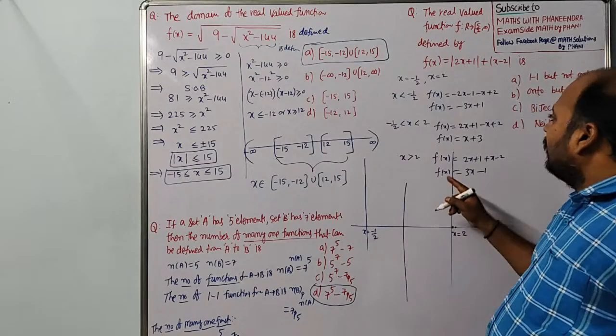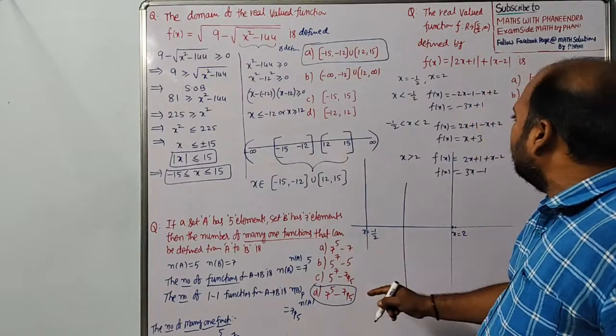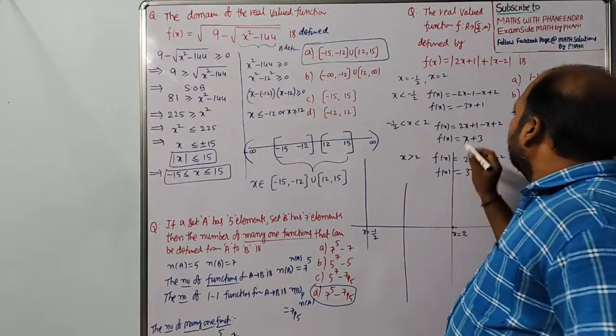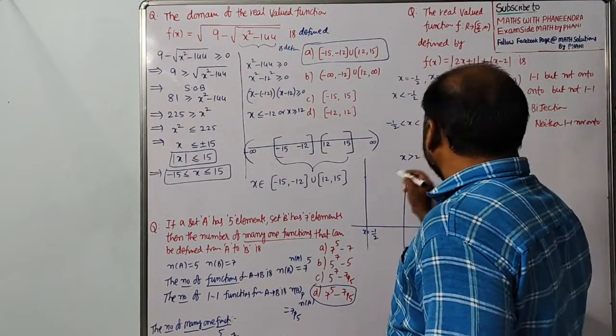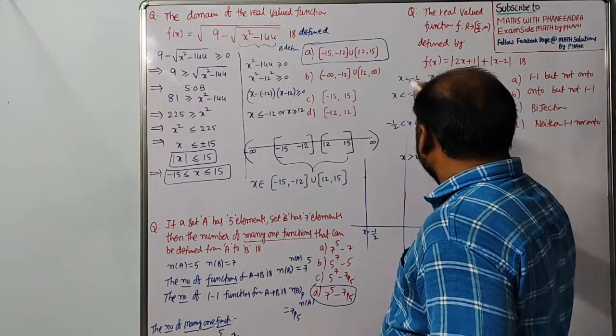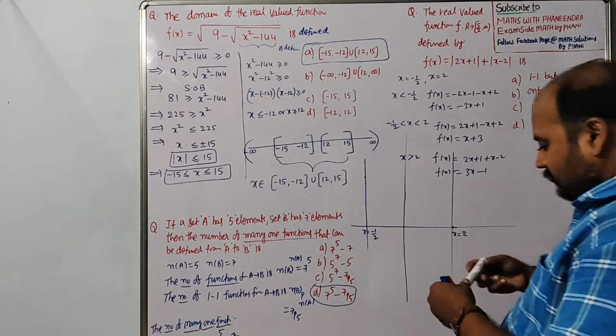So when x is less than minus 1 by 2, the line is minus 3x plus 1. We will draw with the black pen and red pen.